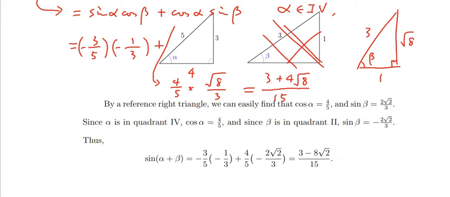Oh, I'm sorry. I made a mistake. Beta is in quadrant 2, so sine beta is positive, not negative.